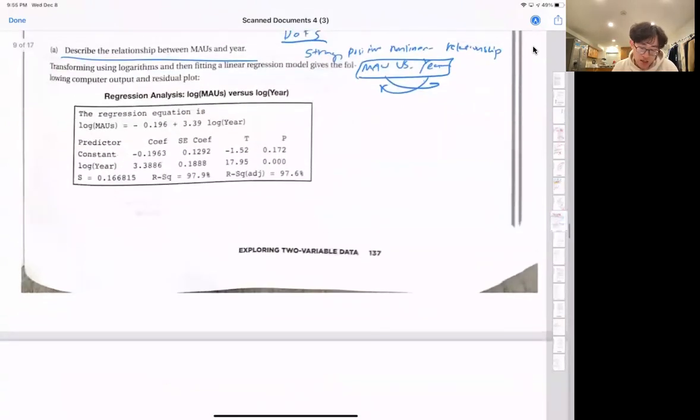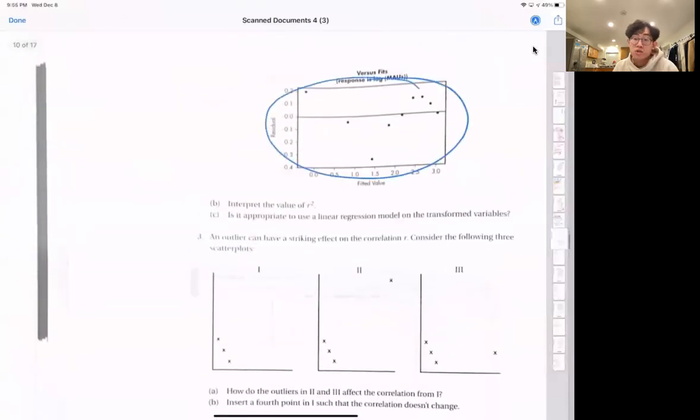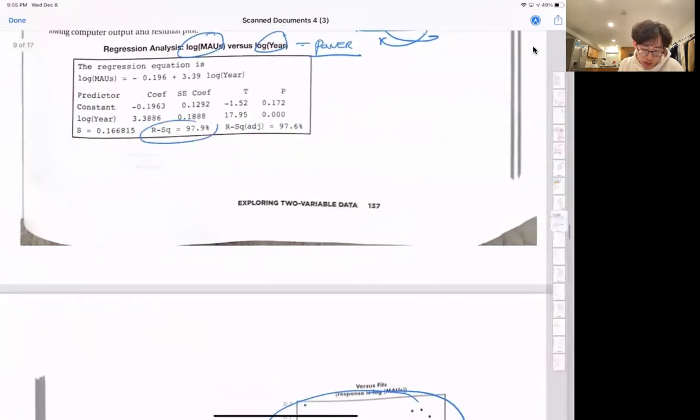The regression analysis, log MAUs versus log year. Please note that that's the power model they're talking about. And this is the residual plot that you get as a result of that. So that should tell you something, first of all. Interpret the value of R squared. R squared is right here.